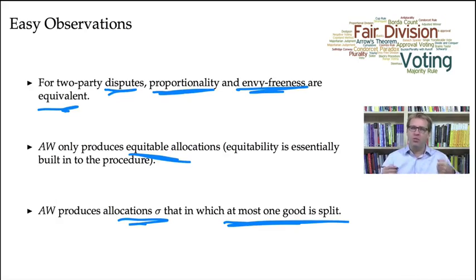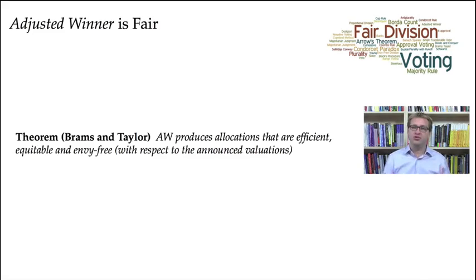The problem is you won't know beforehand, before the people submit their preferences, which of the goods need to be divided. The general theorem here is just that adjusted winner is fair. We can prove that adjusted winner produces allocations that are Pareto efficient, equitable, which is easy, and envy-free with respect to the announced valuations. So Brams and Taylor proved that adjusted winner satisfies all of the desirable properties for fair allocations of goods.